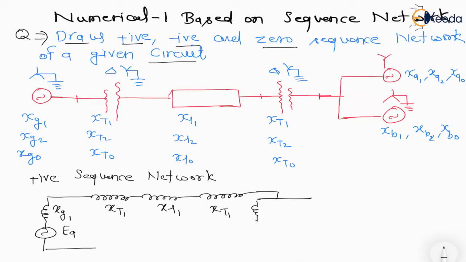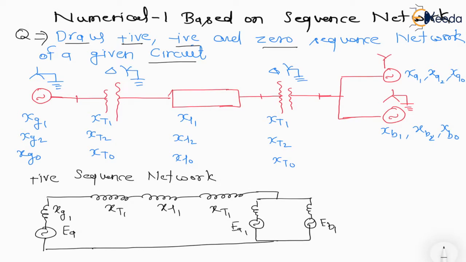And here there are two synchronous motors, so they will have voltages because these are synchronous motors, and the circuit will look like this. So it will be ea1 for motor number one and this will be eb1. So this is the positive sequence network.